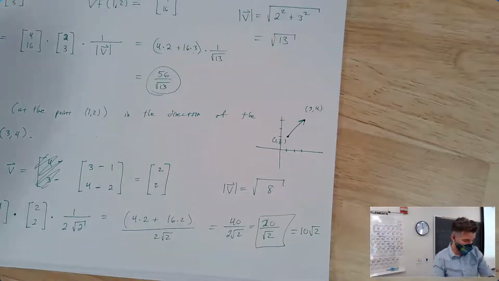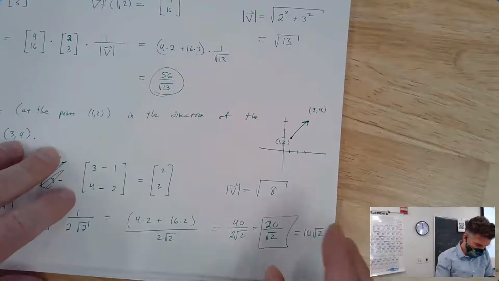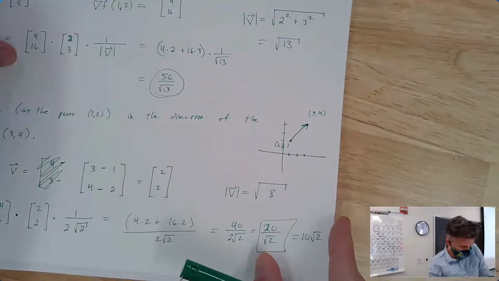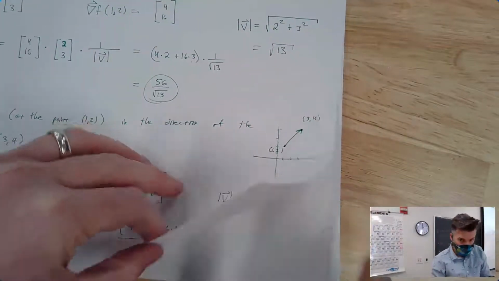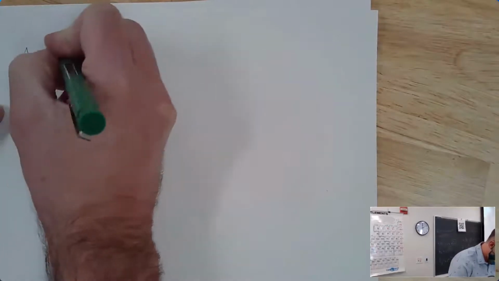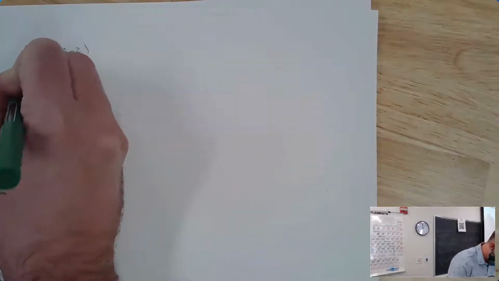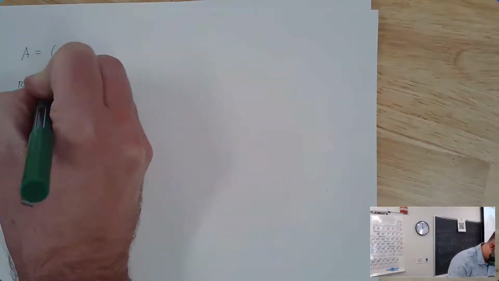Always. So for example, if someone said you have some point A is 3, -2, and some point B is 4, 5.